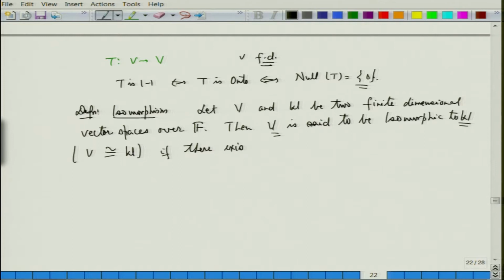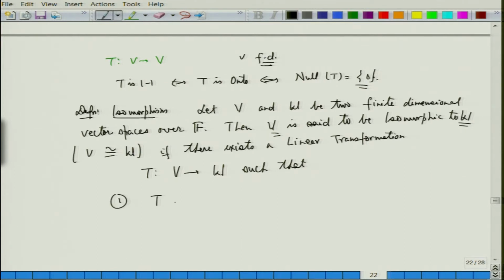that is the notation, V isomorphic to W, if there exists a linear transformation T from V to W such that 1, T is 1-1, and 2, T is onto.